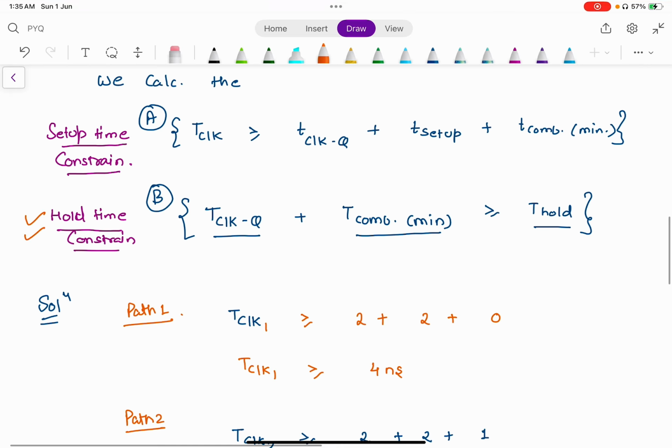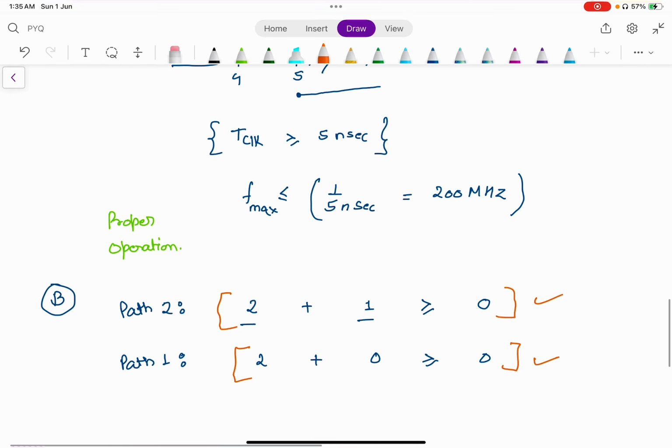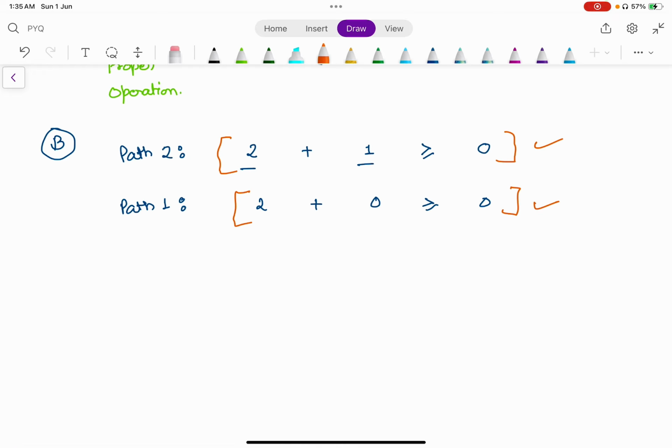But you should be aware of the hold time constraint in future. If the question asked what will be the maximum hold time for proper operation, then for path 2 it should be 3 nanosecond max, and for path 1 it should be 2 nanosecond. So this is path 2 and this is path 1.